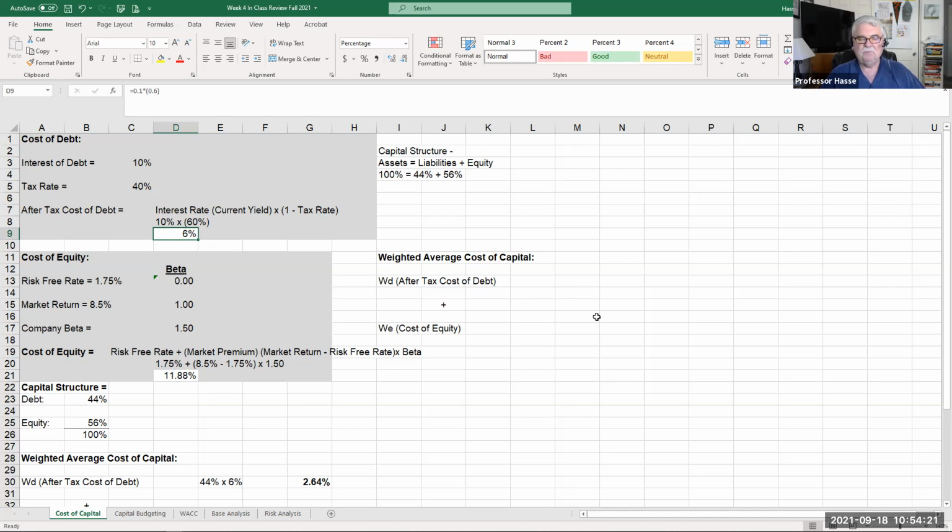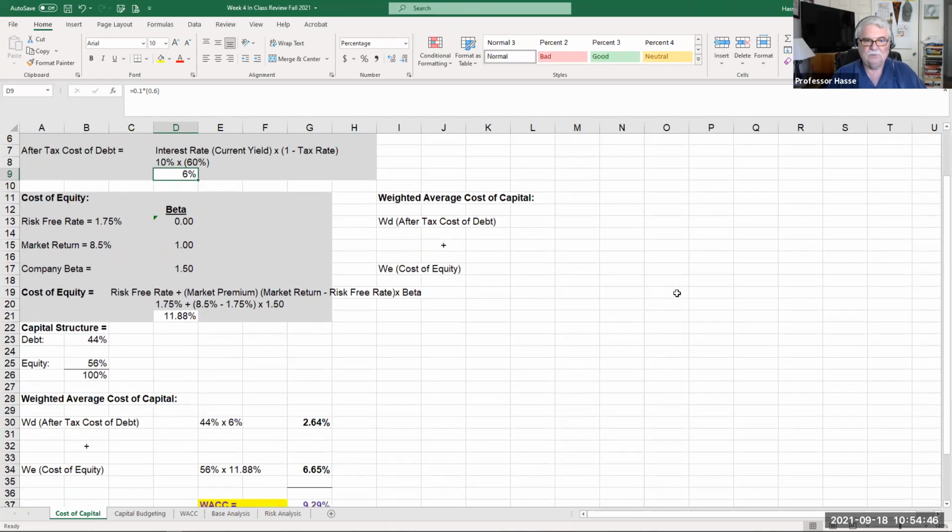What do the investors demand as a required rate of return based on this company's risk in the market, 1.5, compared to zero risk and market risk? It's costing them almost 12% for their cost of equity, to make sure the investors will be happy if they decide to give them stock to finance this asset.